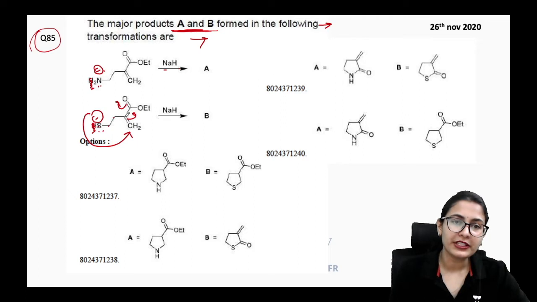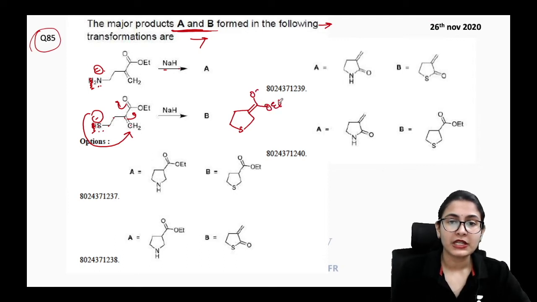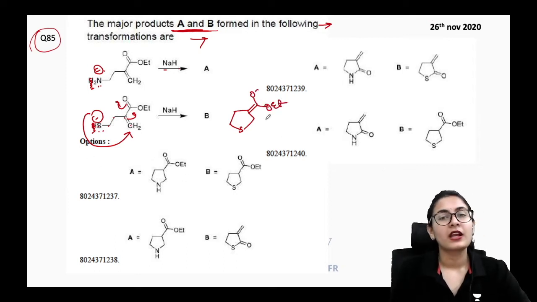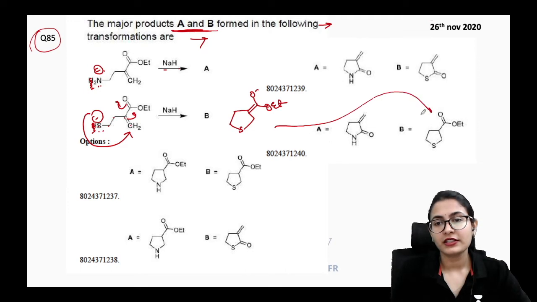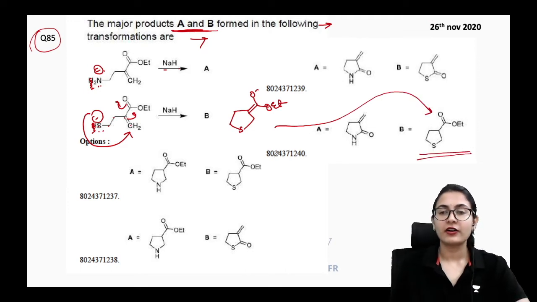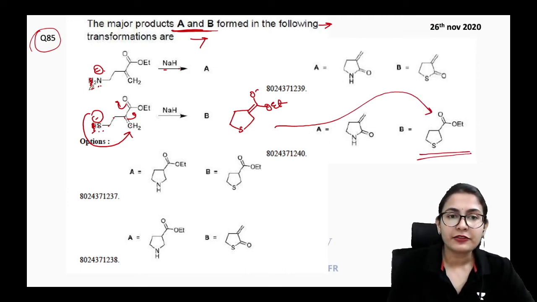One, two, three, four, five. Five-member ring formation, that is going to give you a ring like this. Okay, which further is going to become like this. Alright. What about nitrogen?